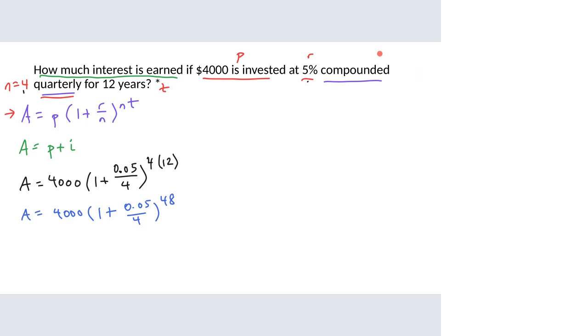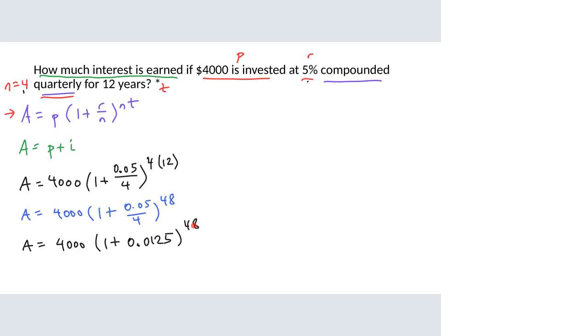Now we'll start working inside our parentheses, and the first thing we'll do is divide 0.05 divided by 4. And I get 0.0125 raised to the 48th.